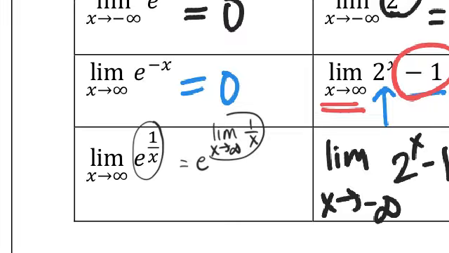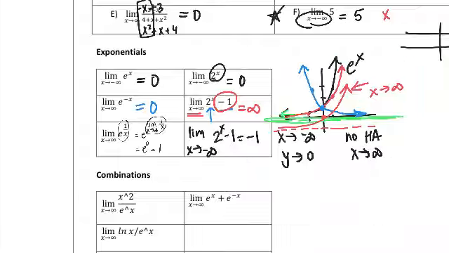And we know that as x goes to infinity, 1 over x goes to 0. So this is going to become like e to the 0, or 1. So the limit of e to the 1 over x as x goes to infinity is going to end up being 1.